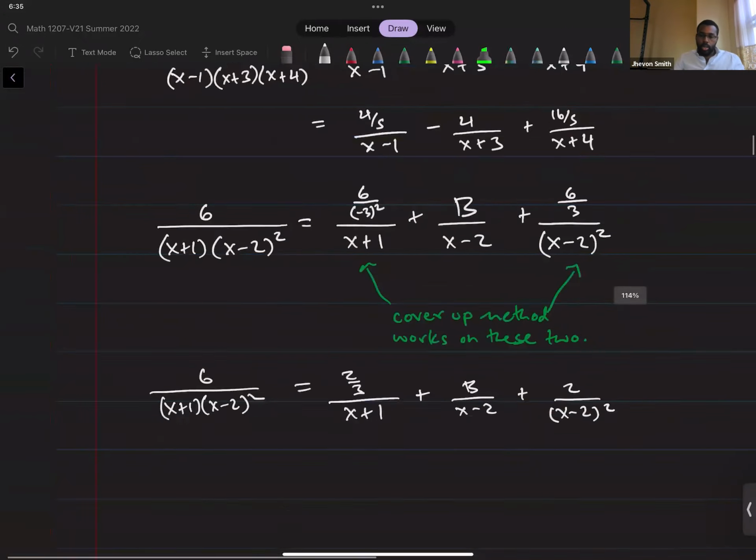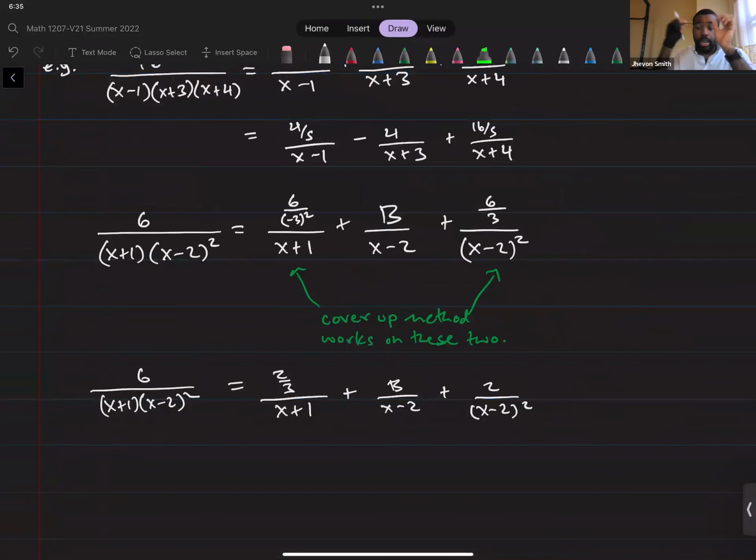Okay. So I've done 2/3 of the work, and I've done it pretty easily, pretty quickly. It's just a matter of arithmetic. You cover up one thing and you plug in those things.